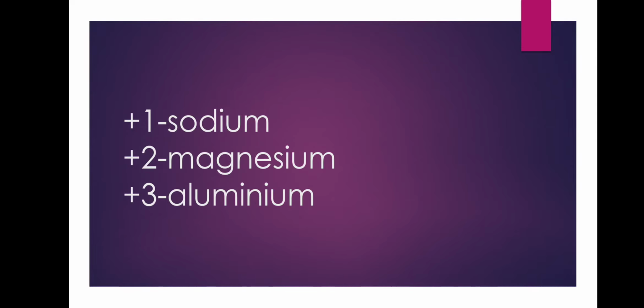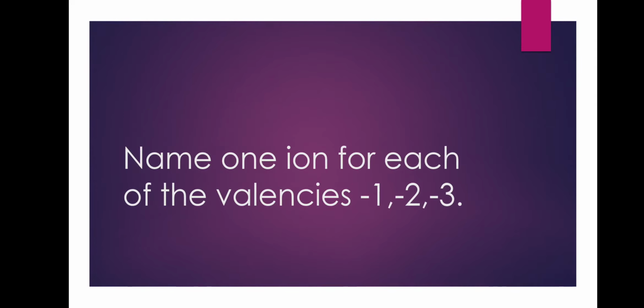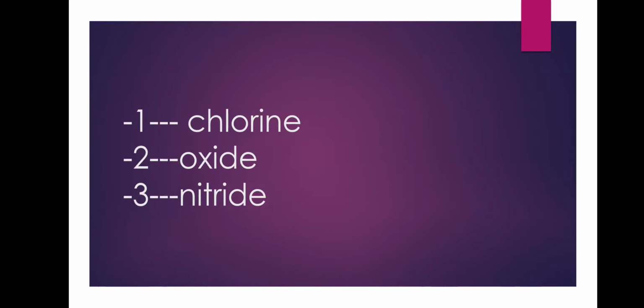Now the next question is, name one ion for each of the valencies -1, -2 and -3. So -1 chloride, -2 oxide and -3 nitride. Clear? Means the valency of chloride is -1, valency of oxide is -2 and valency of nitride is -3.